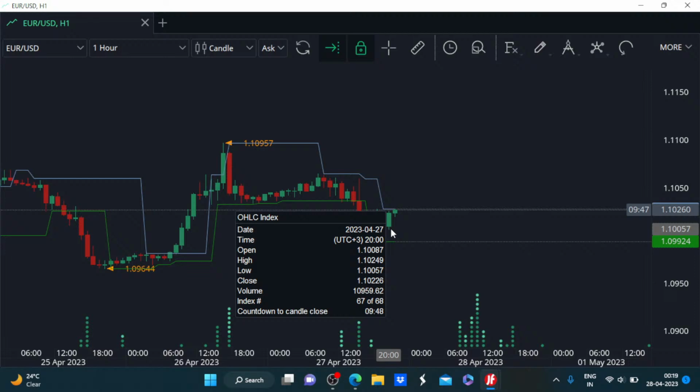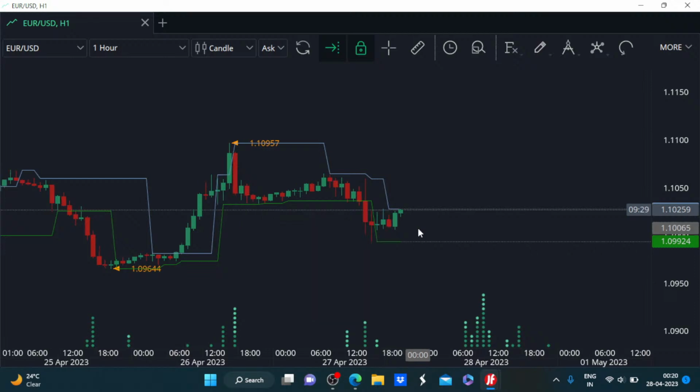So in this kind of scenario also, you get these data points clearly defined for you, so you know where the momentum is strong and where the momentum is weak. So it is better to trade with the strong momentum and sit on the sidelines when the momentum is quite weak. So that is one advantage of this indicator.